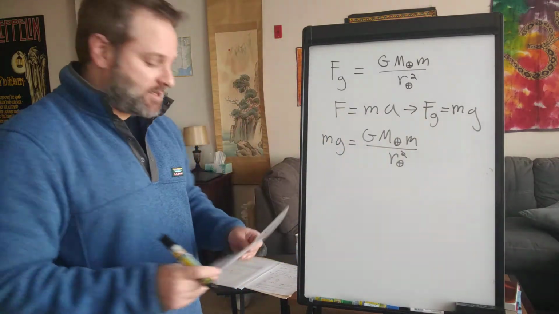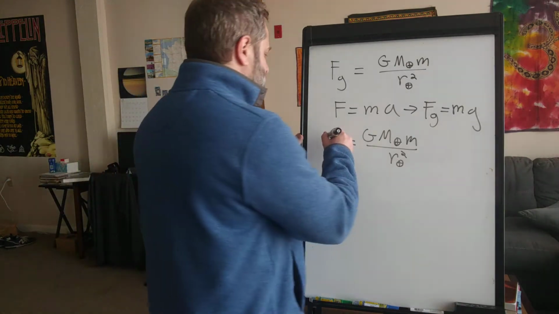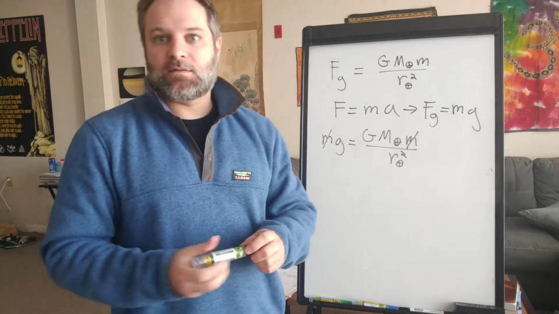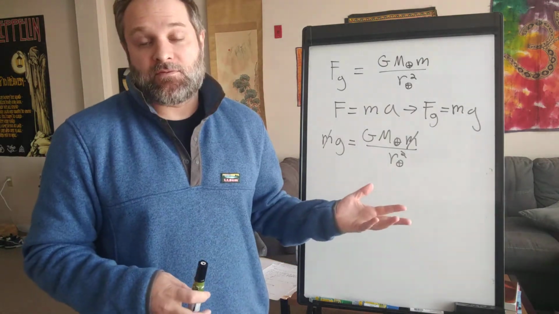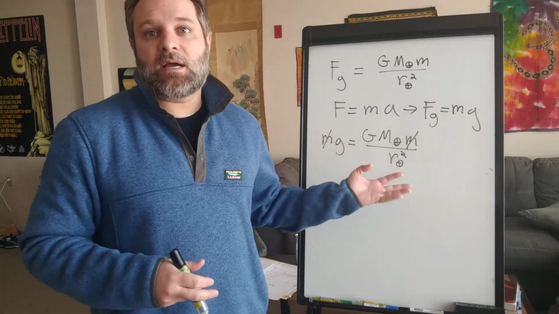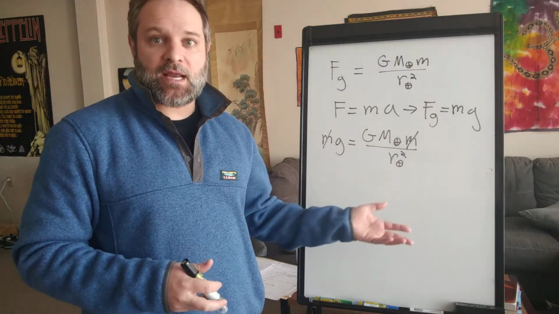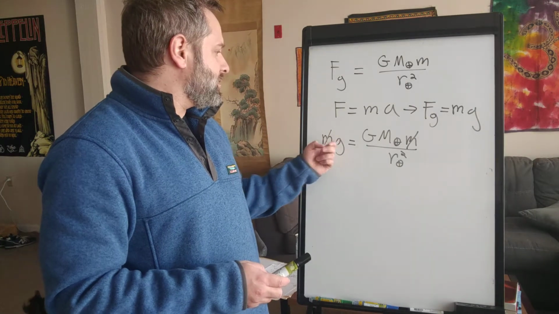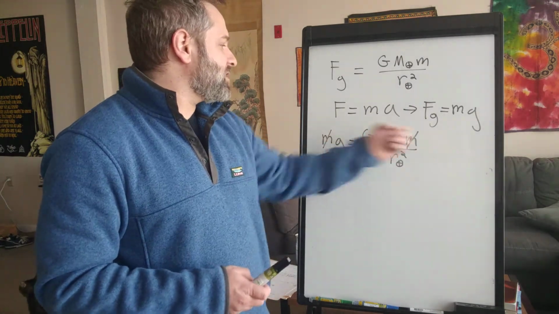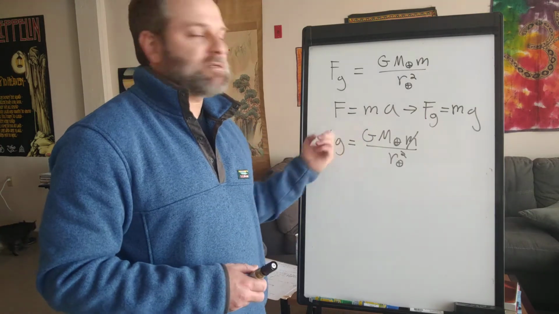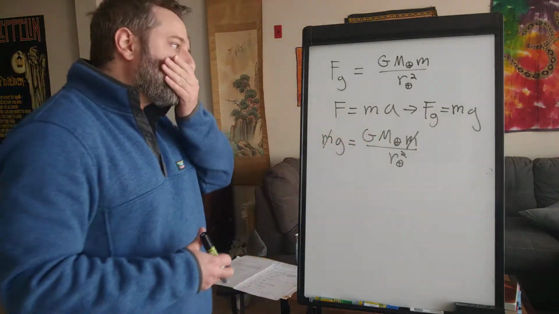Okay, the first thing you'll notice is that I can cancel out the masses of the objects that feel the force of the gravity of the Earth, right? So this is why all objects fall at the same rate in the Earth's gravitational field, because we have this kind of cancellation. What type of object we're talking about doesn't matter, because whatever that object is, I have mass on either side, and it always just cancels out.